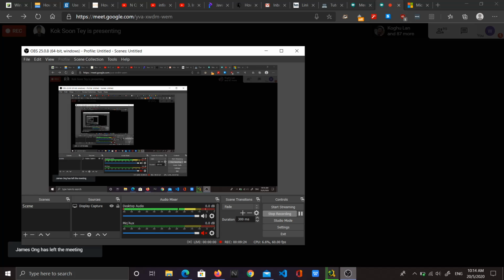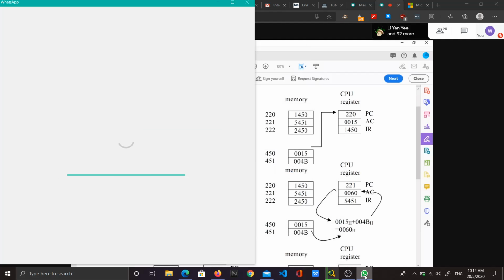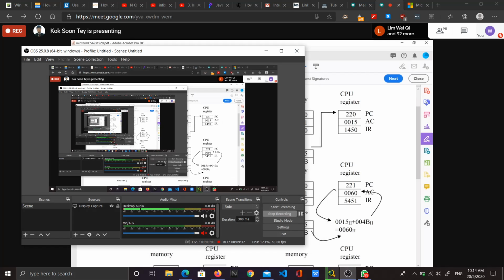This should be your answer. How is the flow? Your PC is 221. Then they bring the 5451 into your IR.